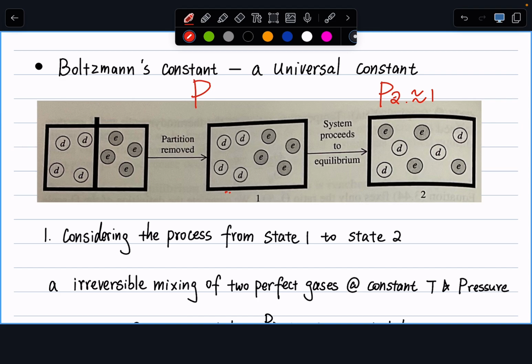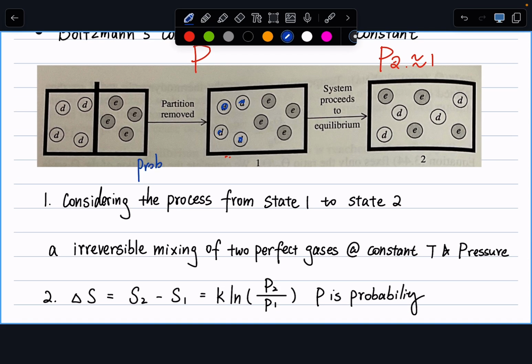All right. But considering this intermediate state, so remember this is the state when we first remove that partition. How do we calculate the probability of this specific situation? Now thinking about what are the things in here. If I call my atom D my blue dot, the probability that all blue dots are in the left half is, well, 1/2, right?